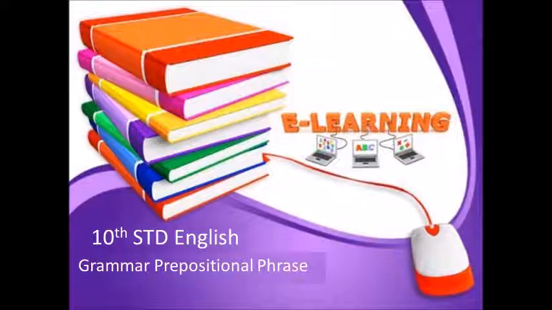A prepositional phrase is a group of words that begins with a preposition and ends with something called the object of the preposition. We went fishing with Ben. A prepositional phrase begins with a preposition and ends with the object of the preposition.